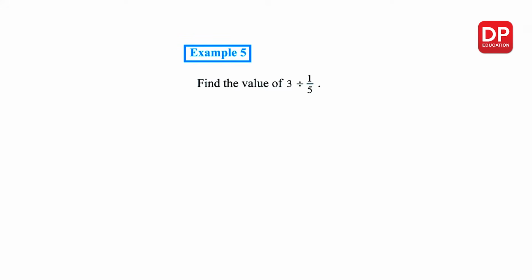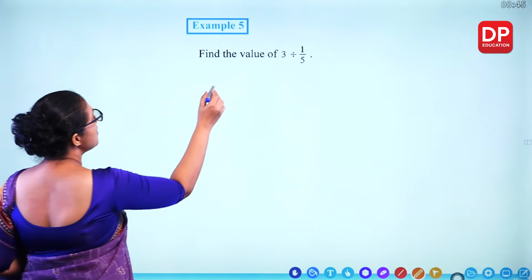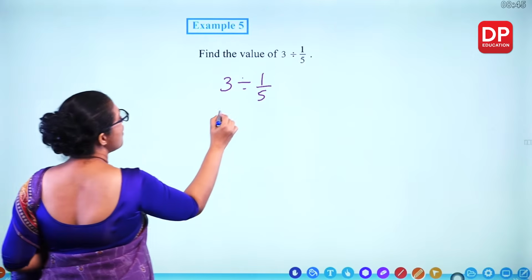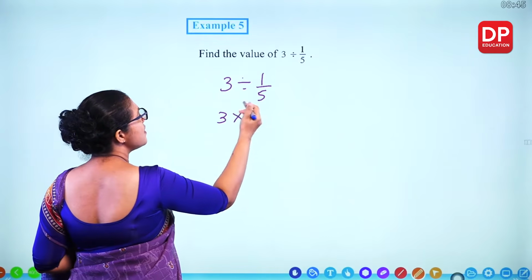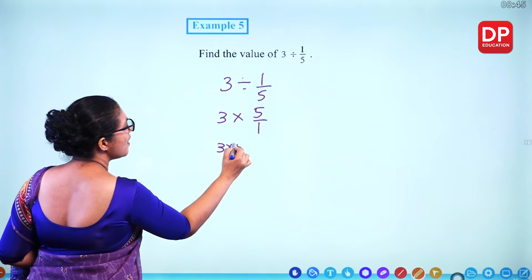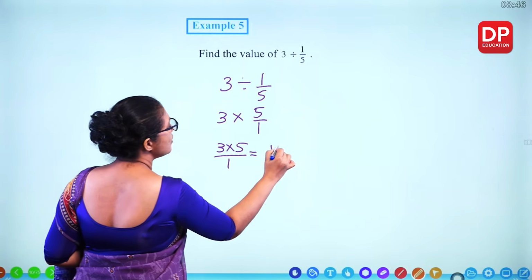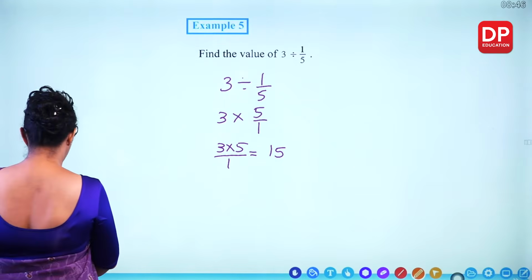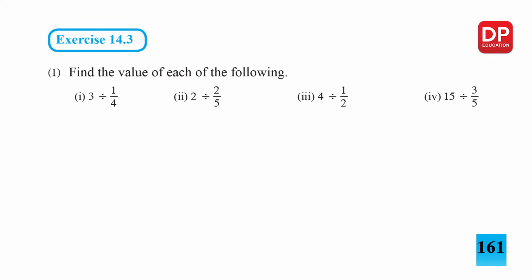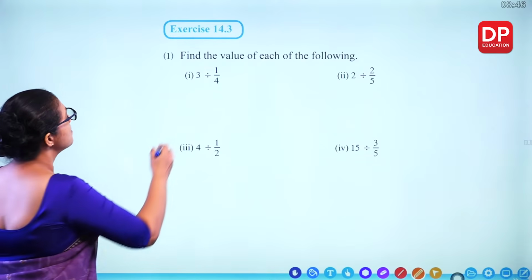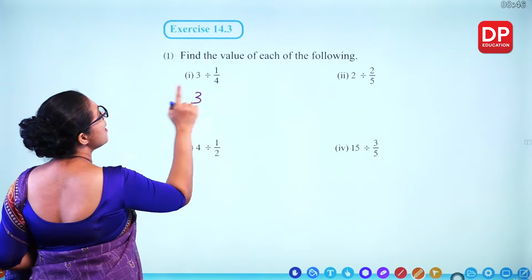Example number 5. Find the value of 3 divided by 1/5. So what you do? 3 multiplied by the reciprocal, 5 over 1. So 3 times 5 divided by 1, you get 15. Exercise 14.3. Find the value of each of the following. 3 divided by 1/4.